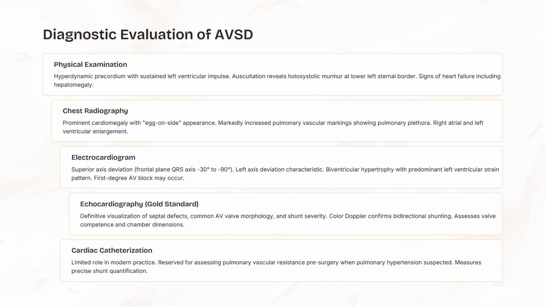Chest radiography shows cardiomegaly, with an egg-on-side appearance. On the electrocardiogram, superior axis deviation and left axis deviation will be present. Echocardiography shows definite visualization of septal defects, common AV valve morphology and shunt severity. Cardiac catheterization is very important before the surgery to understand the complete scenario of the heart.